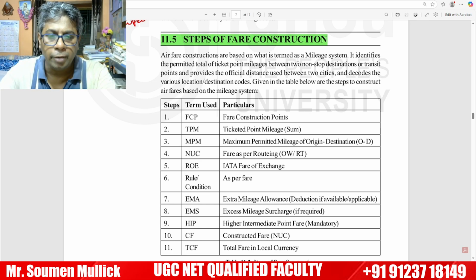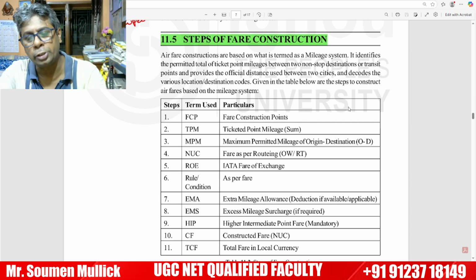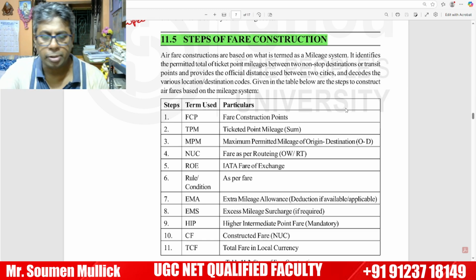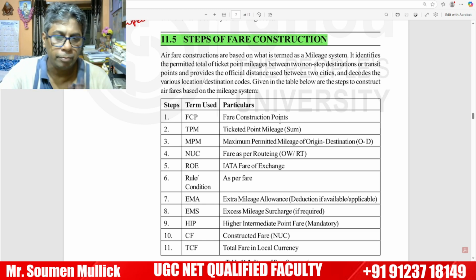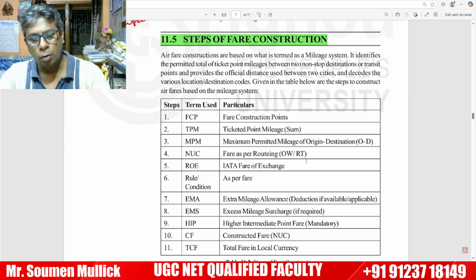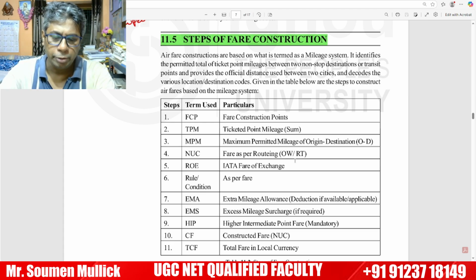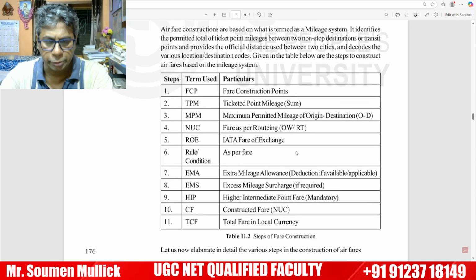So this is the very important keyword FCP, fare construction point. TPM means ticket point mileage. MPM, maximum permitted mileage of origin and destination. NUC, fare per routing on one way or return trip. ROE means rate of exchange.